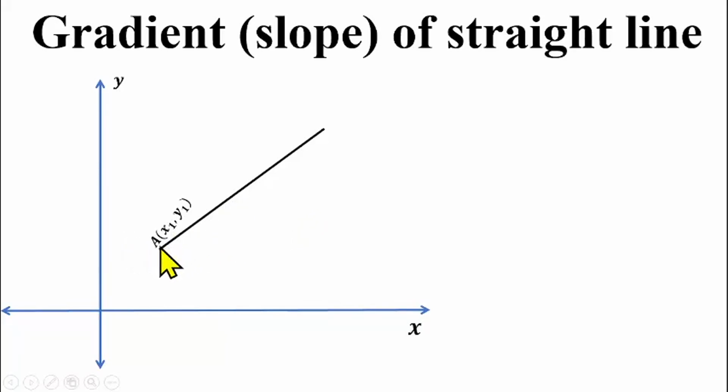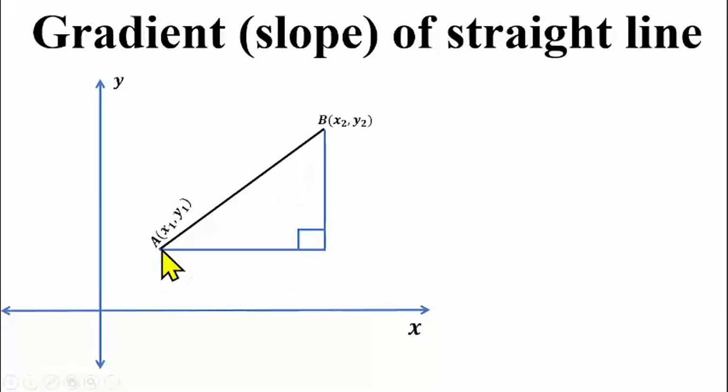Let's assume that this straight line passes through point A, having coordinates x1 and y1, and it also passes through point B having x2 and y2. So if I want to find the gradient of this straight line, I need to form a right angle triangle with it. I draw a straight line from here and join it to this one as well, which will give us a right angle triangle.